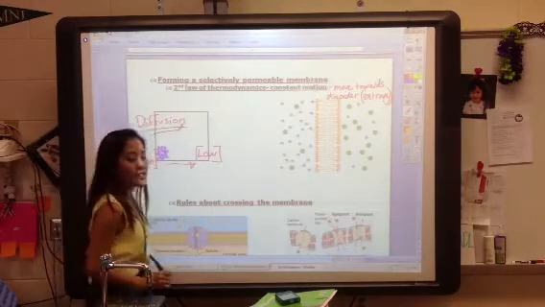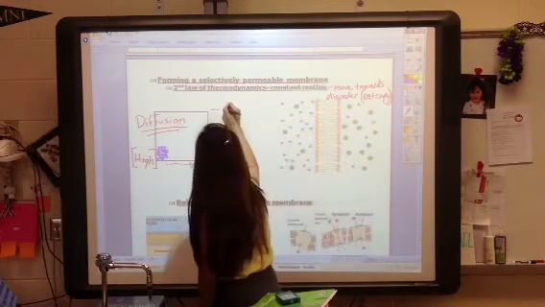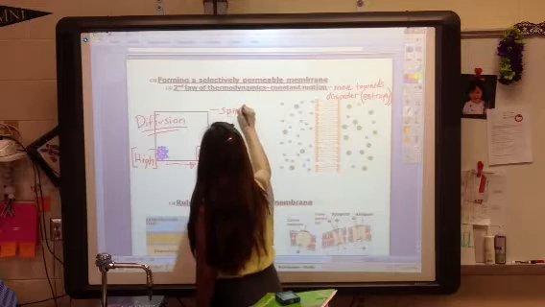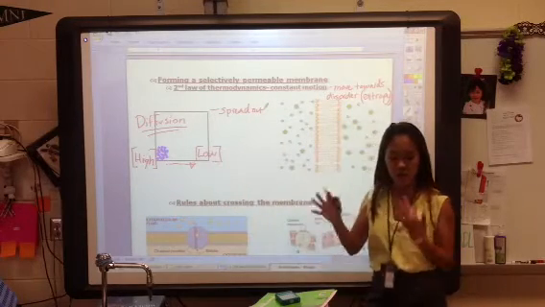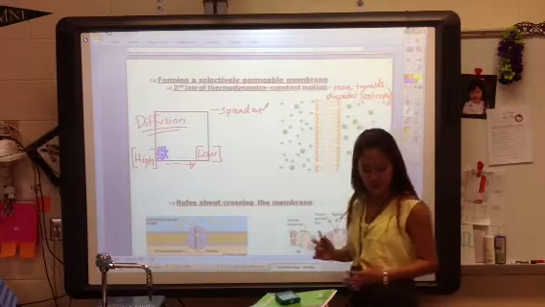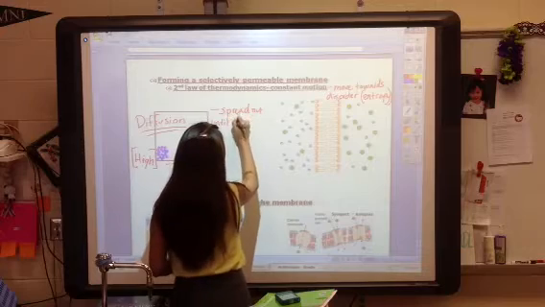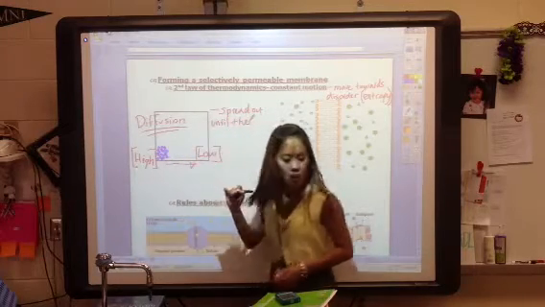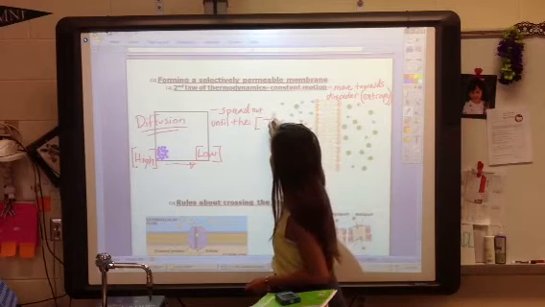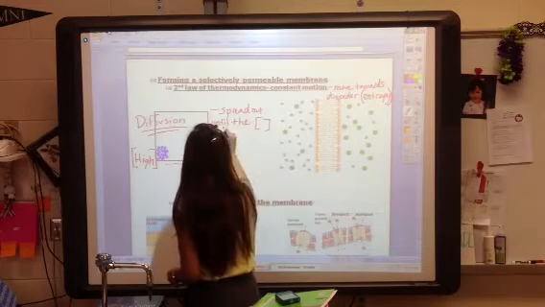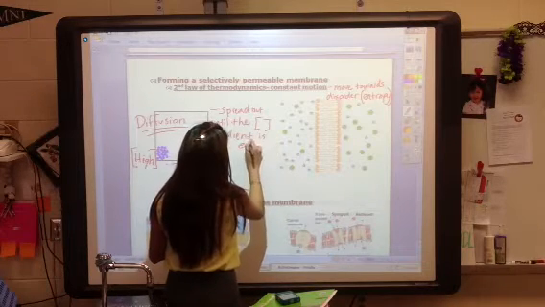Diffusion occurs because molecules want to spread out. All molecules, liquids and gases, are going to spread out until the concentration gradient is equal.